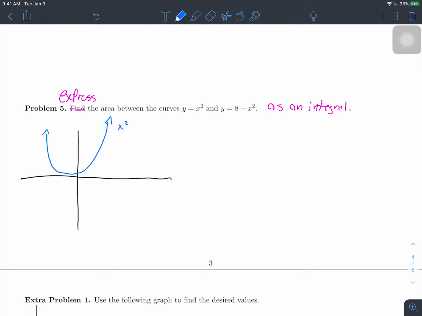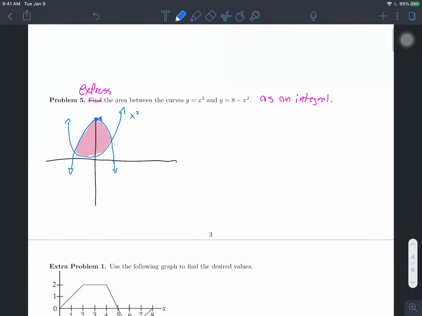And then we have 8 minus x squared, which looks like a parabola which opens down. It starts here at 8, and it opens down like this. So the area between these two curves is this area here, which is kind of trapped between two parabolas. That's the area that we want to express as an integral.